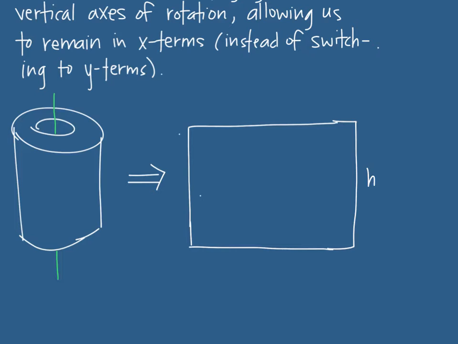It will have a height, and its base will be formed by the circumference 2 pi r. Therefore, the area of any single shell would be 2 pi r h.